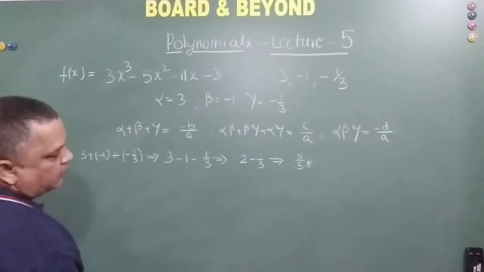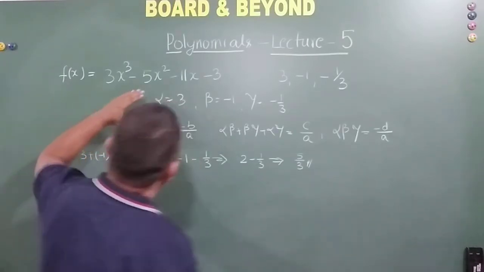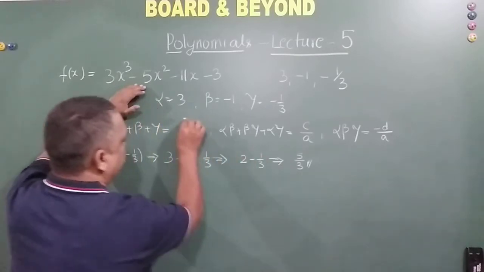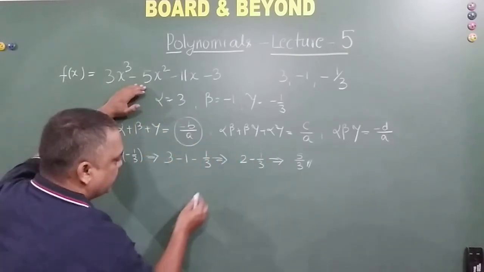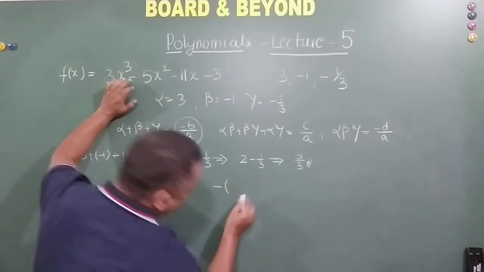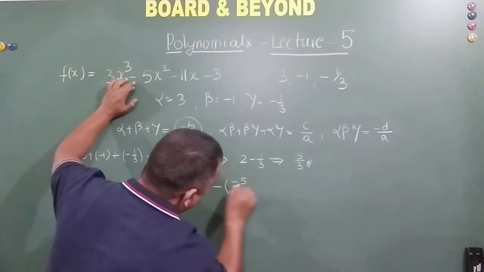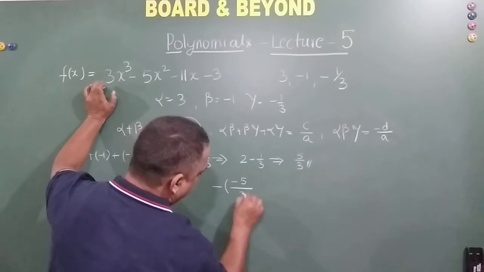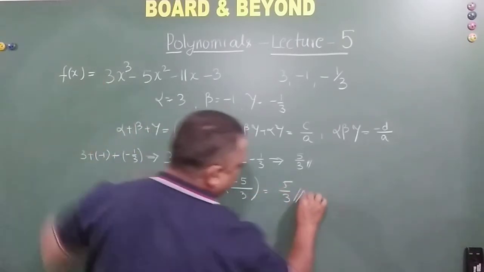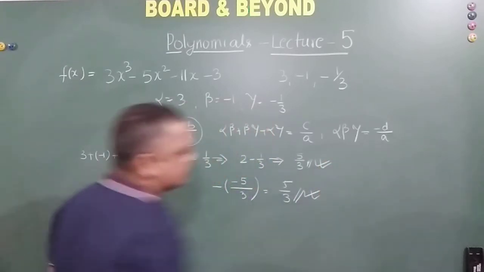Now let's go back to the original equation, friends, and write minus b by a. So minus of minus 5 you can see here on the top, divided by a, which is nothing but 3, which is giving me 5 by 3. Right? You see this and this both are the same.